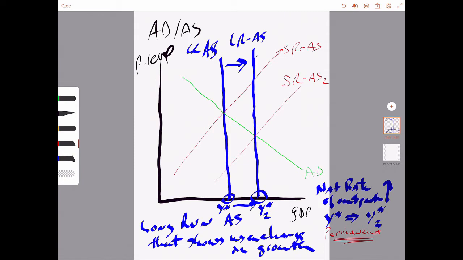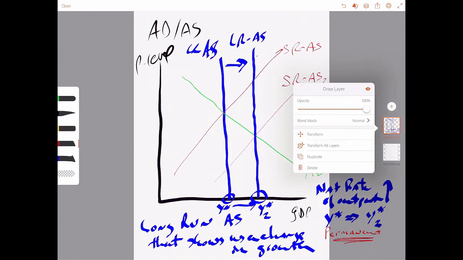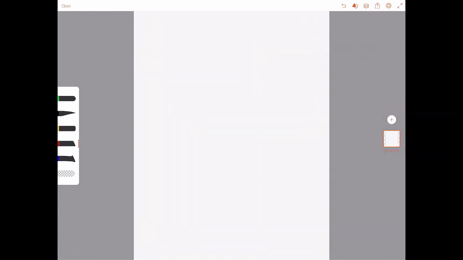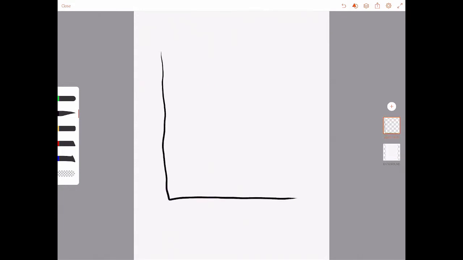Now, if we were to go back in time, at least back in time in this class, a ways, we could see another view of how economic growth is portrayed by economists. We're going to go back to this particular graph and let's just put these two goods on the axes.